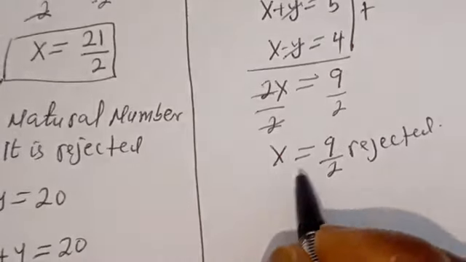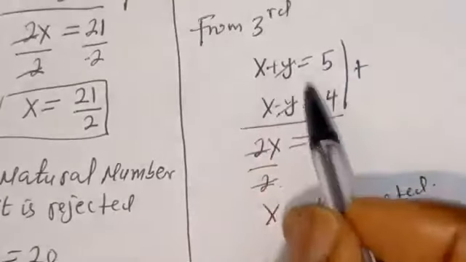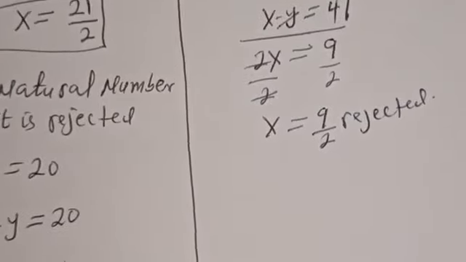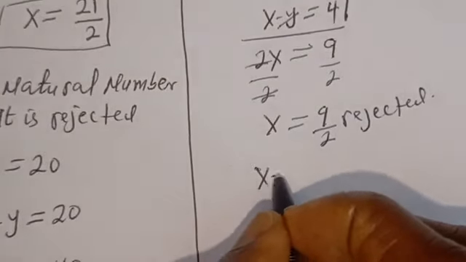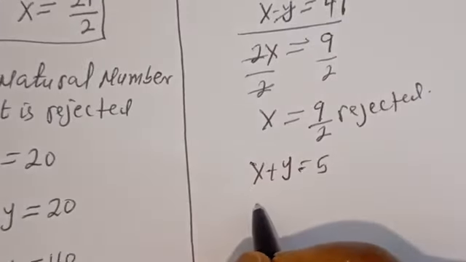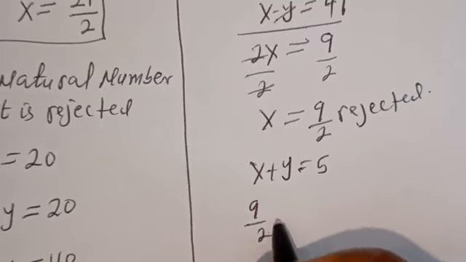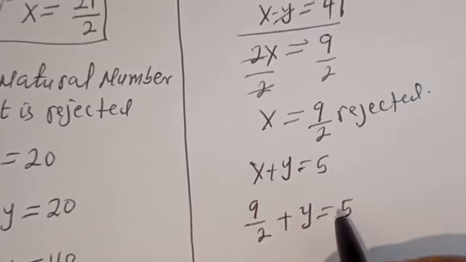So let's solve for y since we've gotten the value of x, using either equation 1 or 2. But let me make use of this one again. We have x plus y equal to 5. Then 9 divided by 2 plus y equal to 5.